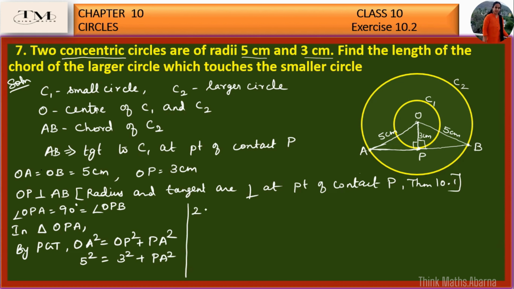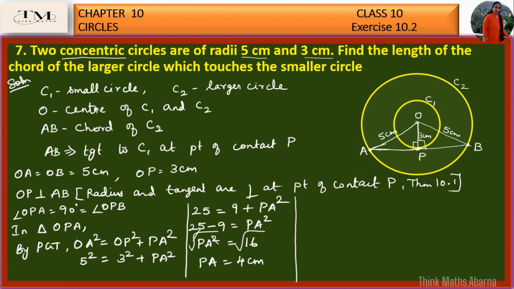So 25 equals 9 plus PA square. Taking 9 across, PA square equals 25 minus 9, which is 16. Taking the square root, the power 2 and square root cancel. PA equals the square root of 16, which is 4. So PA is 4 centimeter.